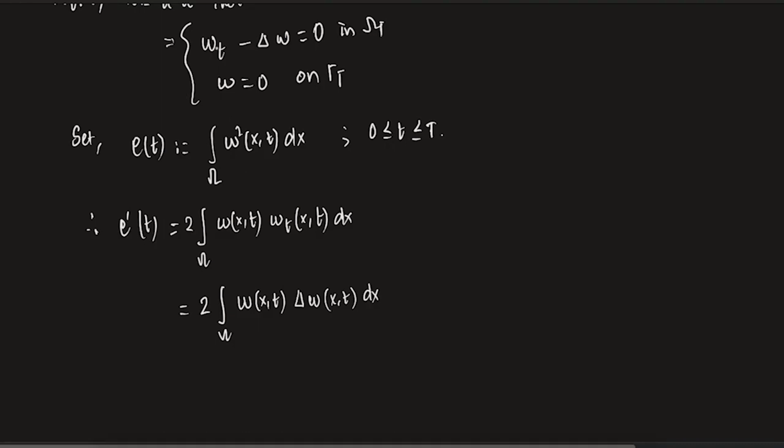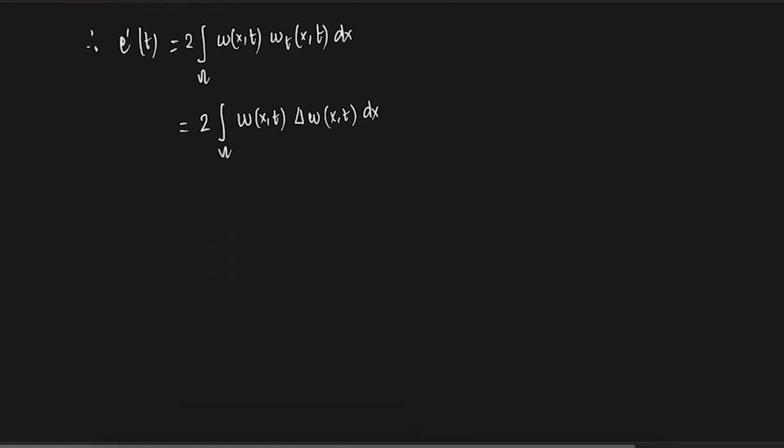This is Omega, and this is w. So I am taking the integral over Omega of w squared, and E prime is 2 times the integral over Omega of w w_t. Since w satisfies w_t minus Laplacian of w equals 0, w_t is the Laplacian of w, so it equals 2 times the integral of w Laplacian of w. That is why I wrote it like this.